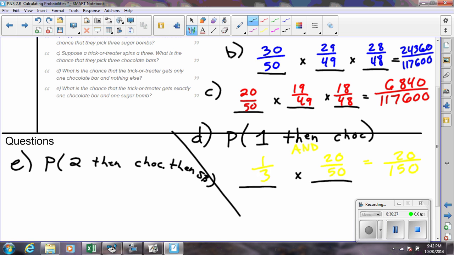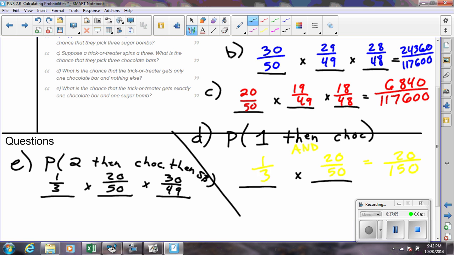Well, for this particular piece then, we're noting our probability done this way has 3 stages. What they get on the spinner, what they get for the first candy, and what they get on the second candy. So probability that they get a 2, 1 out of 3. Probability that they get chocolate, there are 20 chocolates out of the 50 candies. Probability of getting a sugar bomb, there are 30 sugar bombs, but after getting chocolate, there are only 49 candies left.